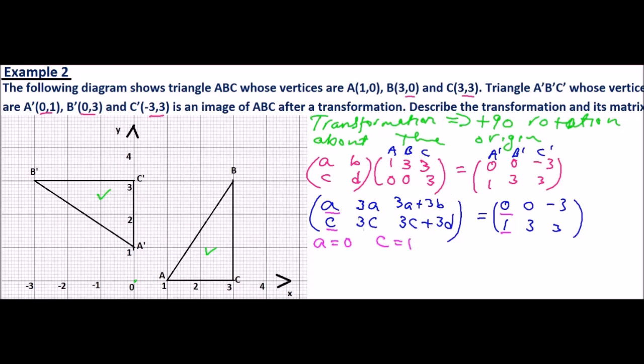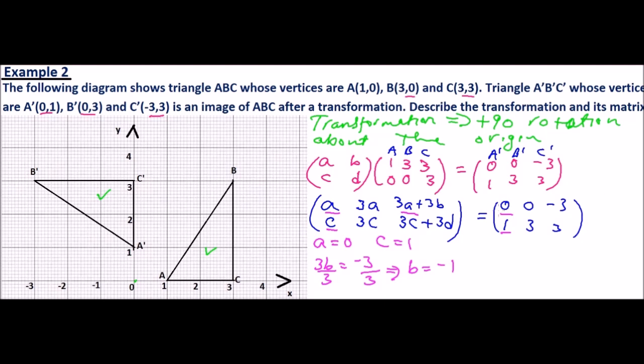Now, we say 3A plus 3B is equal to minus 3. And we already know A is equal to 0. So this will mean that 3B is equal to minus 3. Divide both sides by 3. This implies that our B is equal to minus 1.